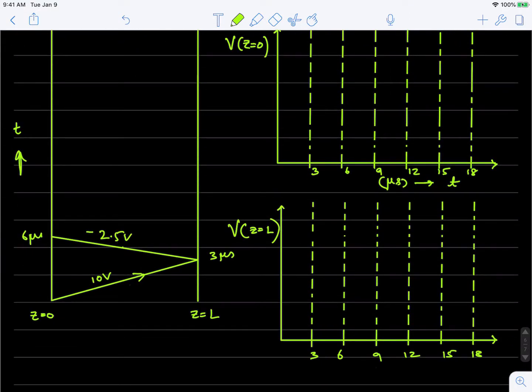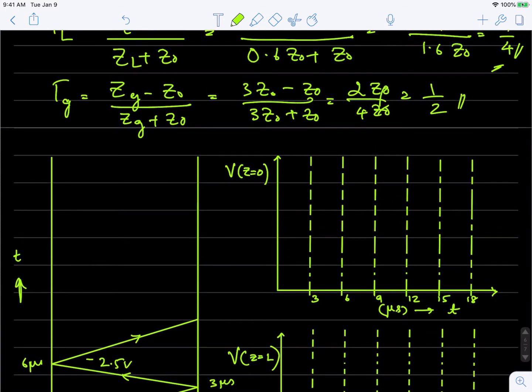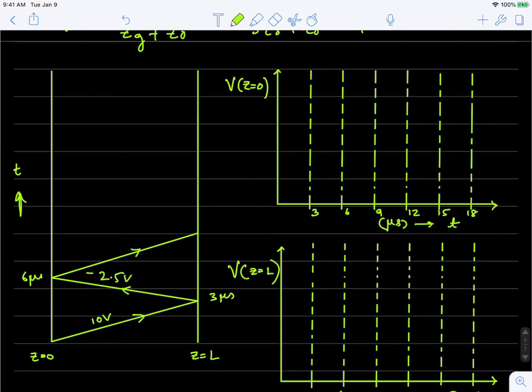So we'll do this. Now once we have the signal at the source, which is about minus 2.5 volts, it'll get reflected back to the load side by half. So we are going to see a minus 1.25 volt signal here, and by this time we'll have already finished 9 microseconds. Once the signal reaches the load, it'll reflect back.